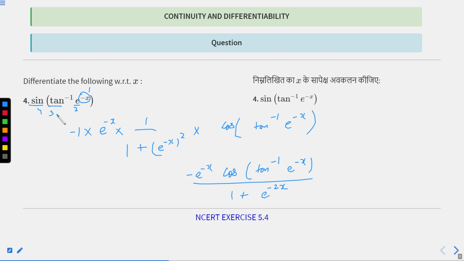After giving your numbers, find the derivatives of the given specific terms, specific forms, and then multiply them, as you can see we did here. So this is a very easy way to solve such type of questions.